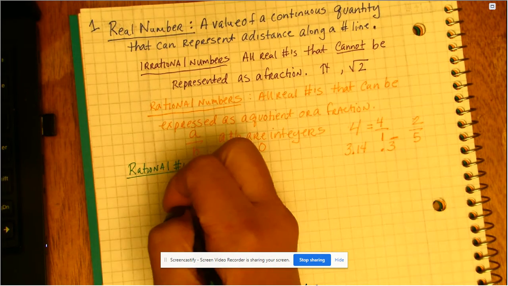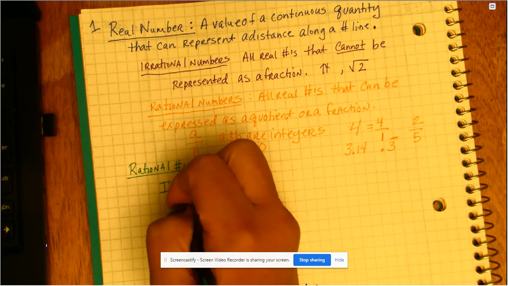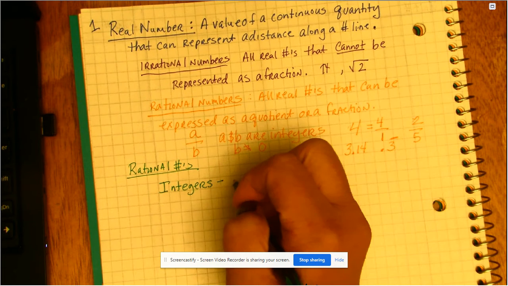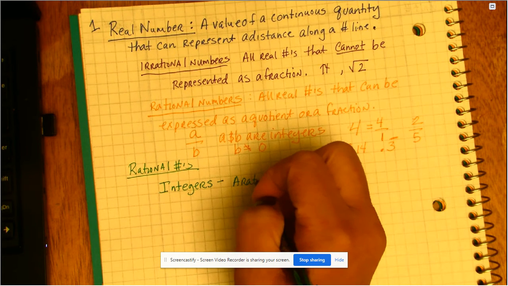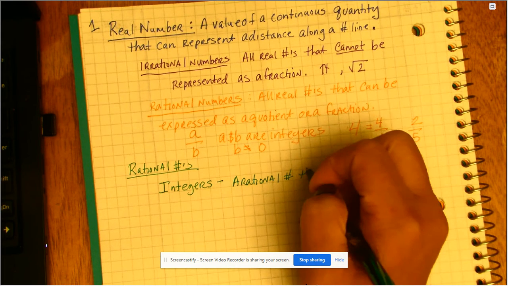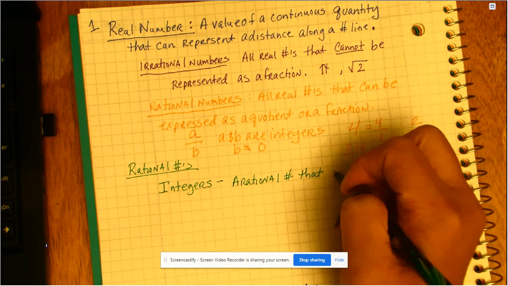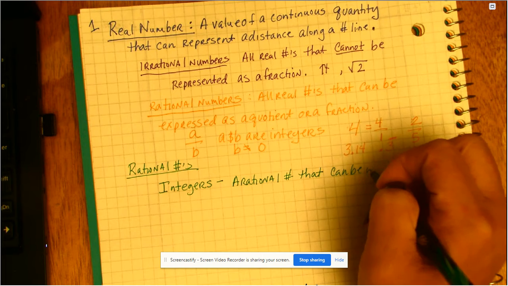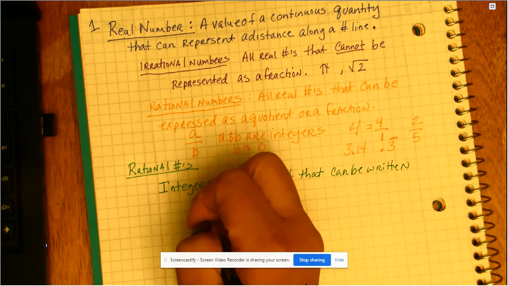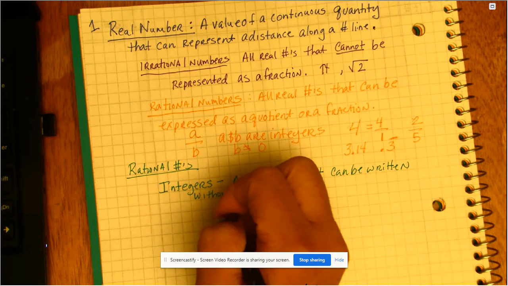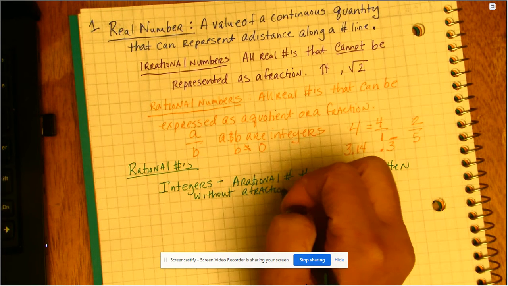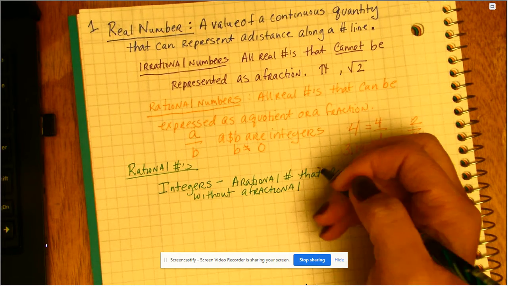So we have integers, which is a rational number that can be written without a fractional component.